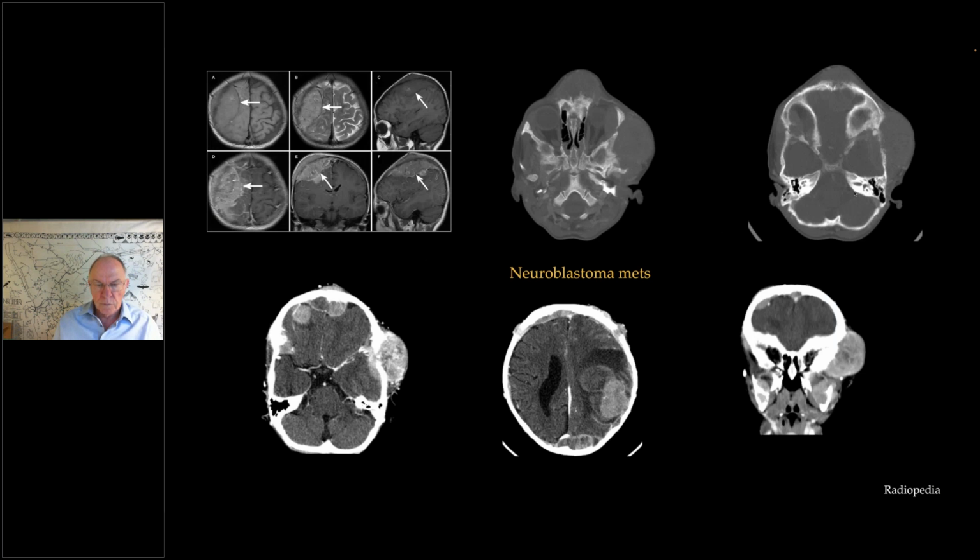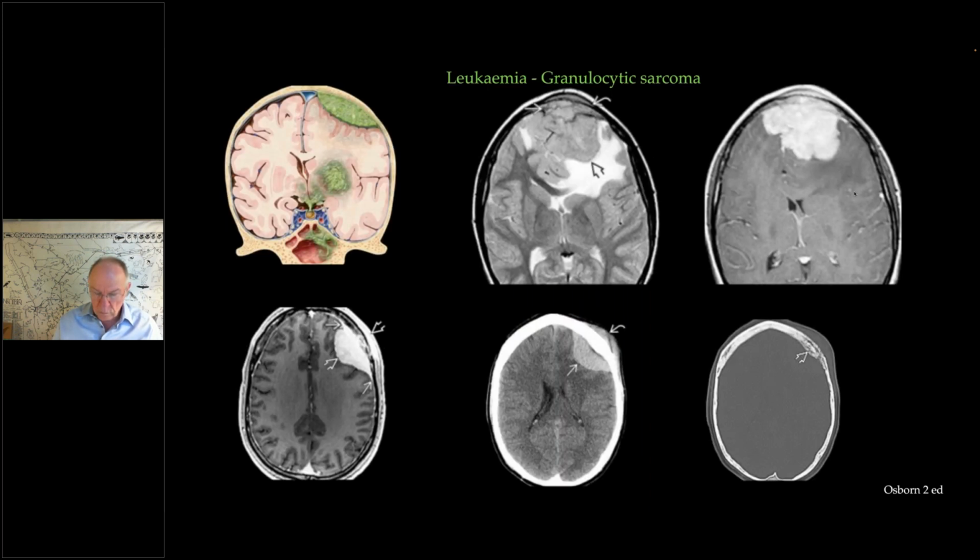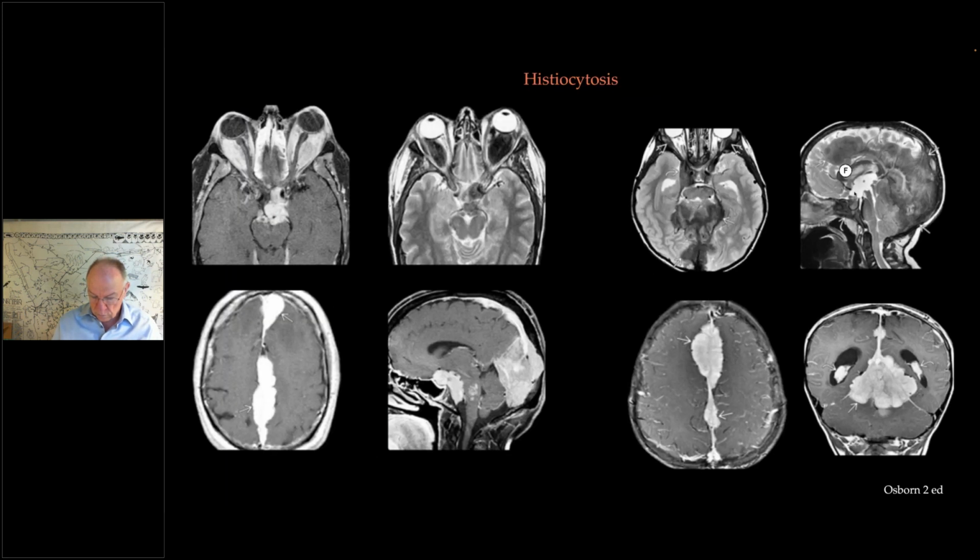So based on the images, I would think of differentials of neuroblastoma mets. I'm not sure if any adrenal lesions were detected on the CT abdomen. Other possibilities were leukemia, such as granulocytic sarcomas, and histiocytosis; the non-Langerhans cell histiocytosis can also demonstrate these types of lesions.